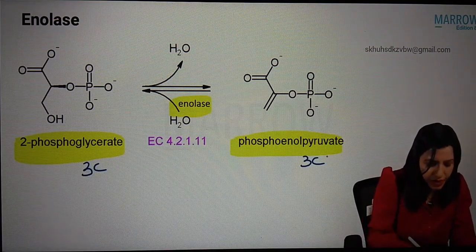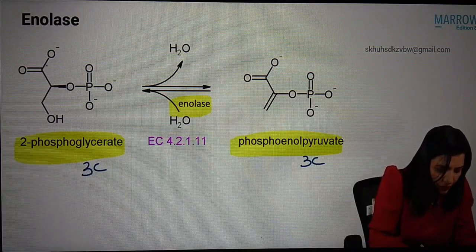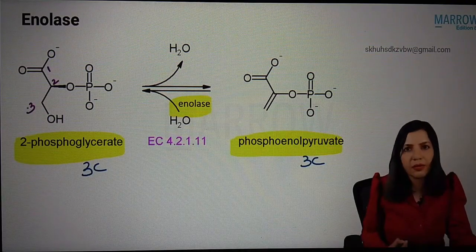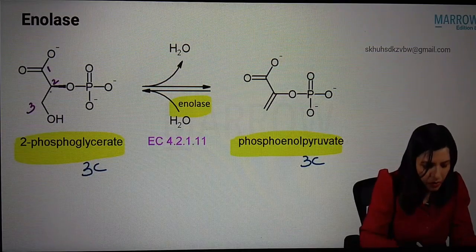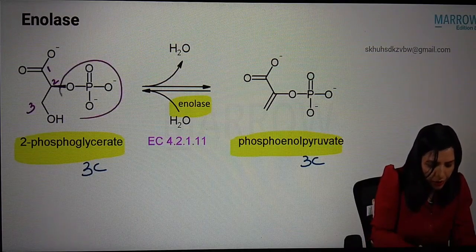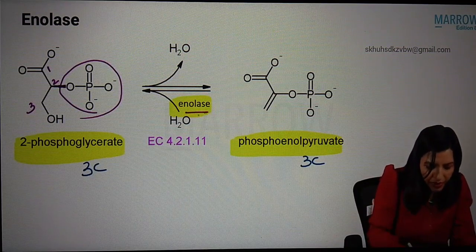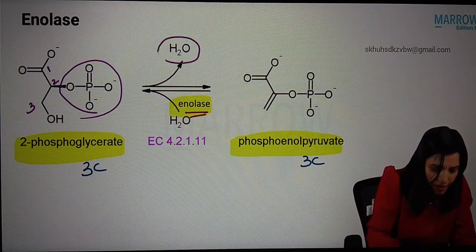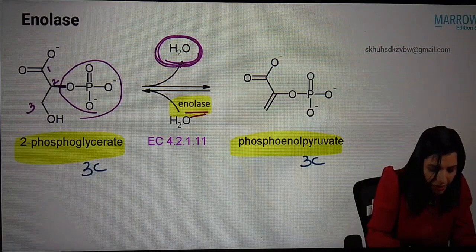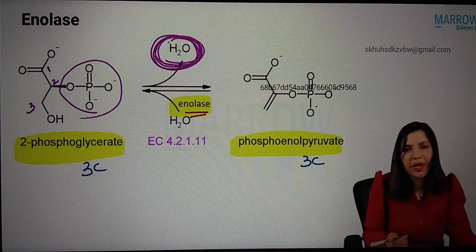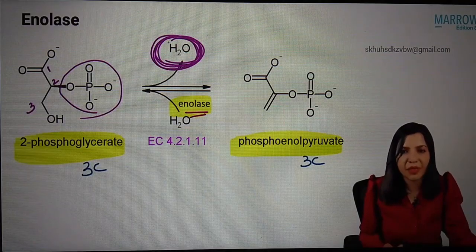Then what is the difference here? You can see that this is the first carbon atom, this is the second carbon atom, and this is the third carbon atom here. Now to the second carbon atom, you can see a phosphate group. That is why it is called 2-phosphoglycerate. Now when enolase is acting, the reaction that is happening is an elimination of certain atoms where a water is eliminated.